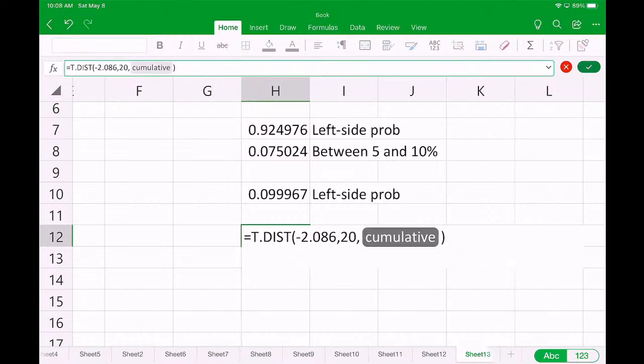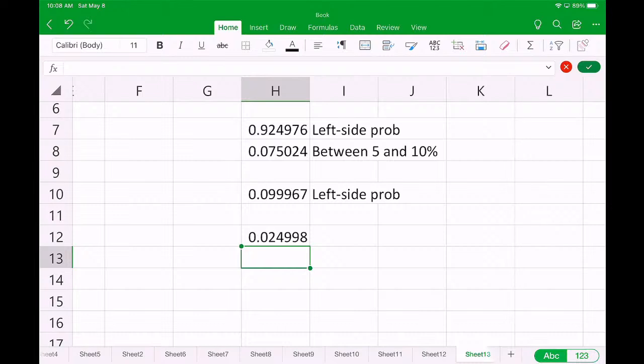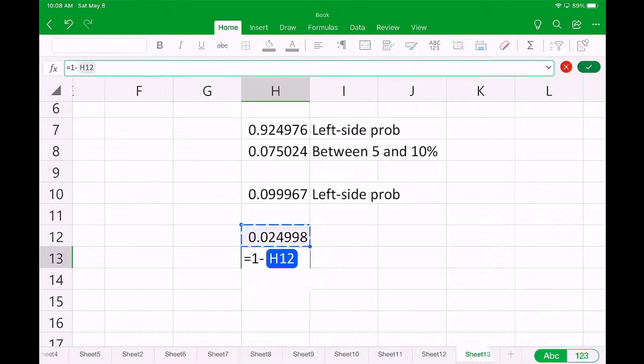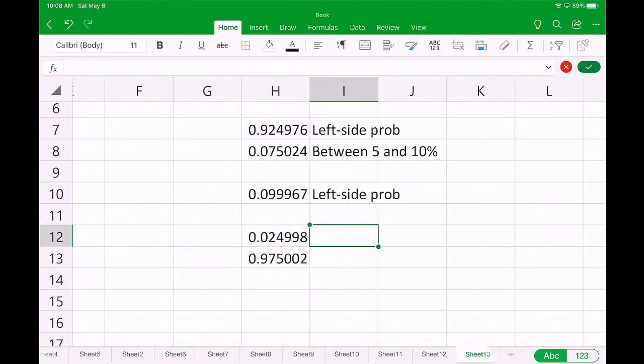Remember to put the degrees of freedom there. So this is the area to the left, the 2.5, and then we have to take 1 minus to get our answer. And so the table's pretty good.